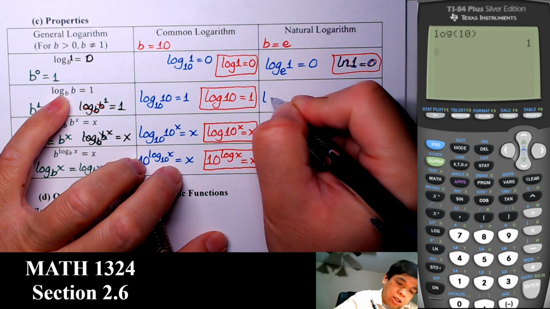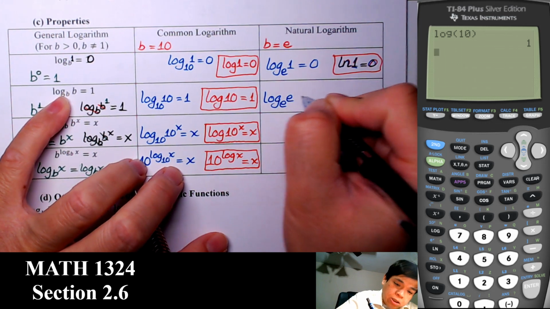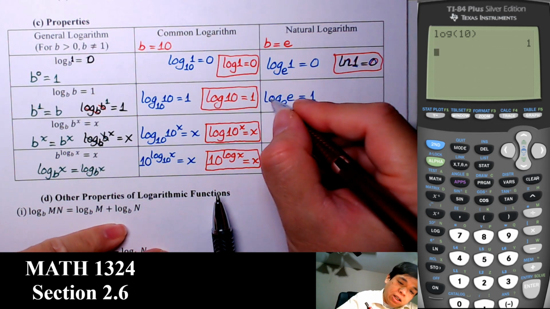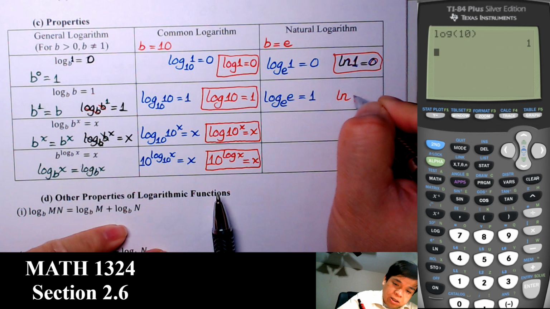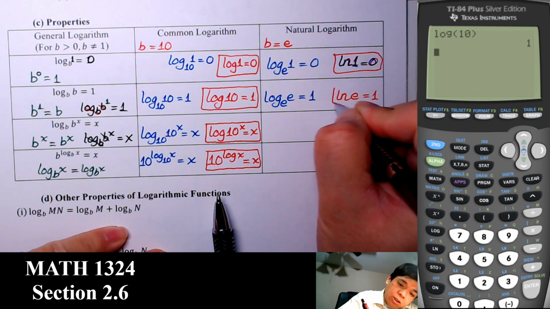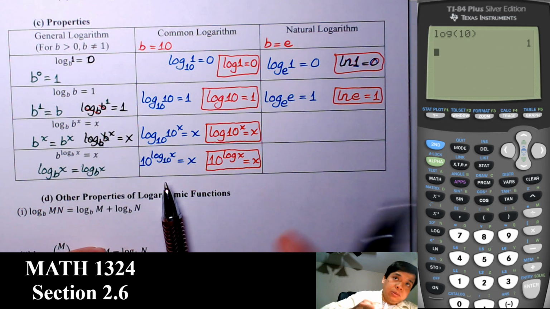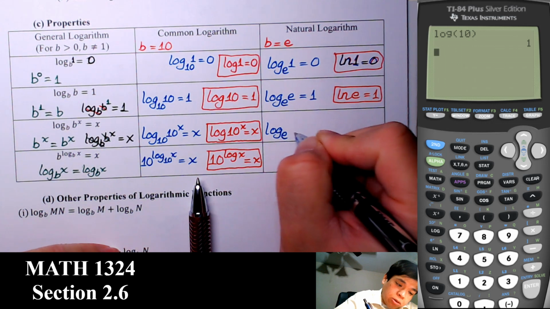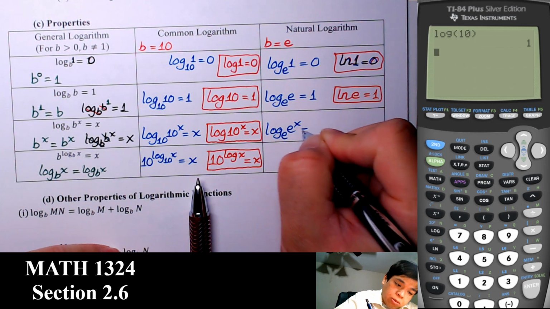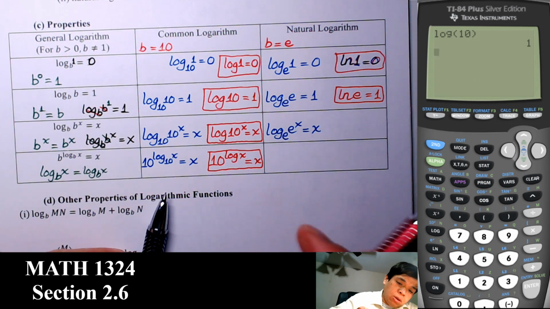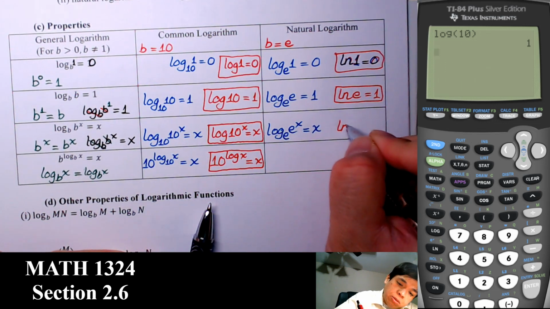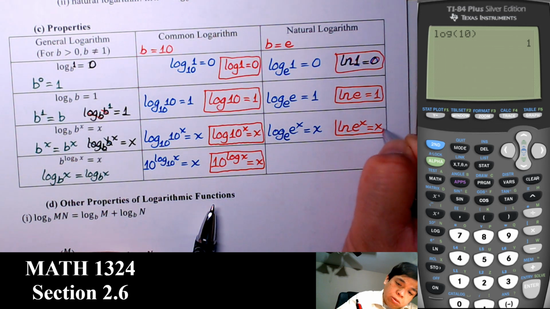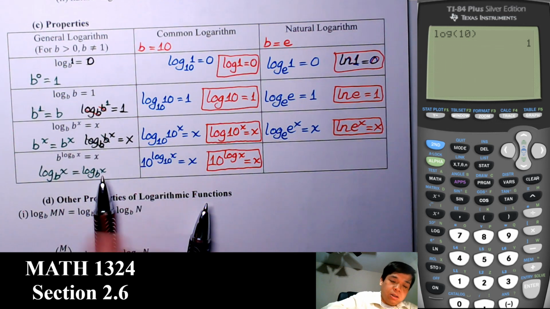Next, replace e into b. Again, log base e is going to be ln. And then log of e like that.